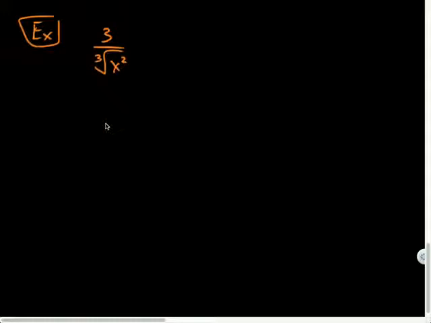Now, this one's actually kind of sneaky. I do want to get rid of that radical, so I want to multiply this by something. What do you think I should multiply it by? Just regular old x squared? The square root of x squared? The cubed root of x squared?